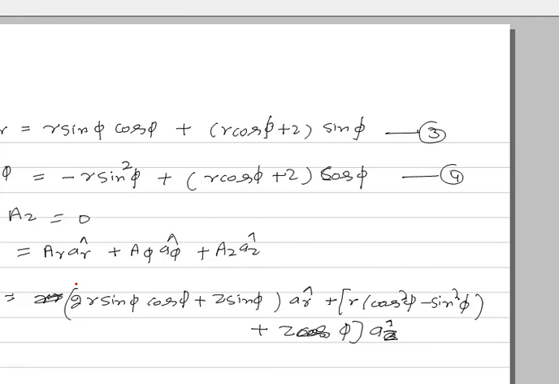Dear students, now this is the complete topic regarding the Cartesian coordinate and cylindrical coordinate system, and now I will supply the tutorial sheets for problems related to Cartesian and cylindrical coordinate systems.